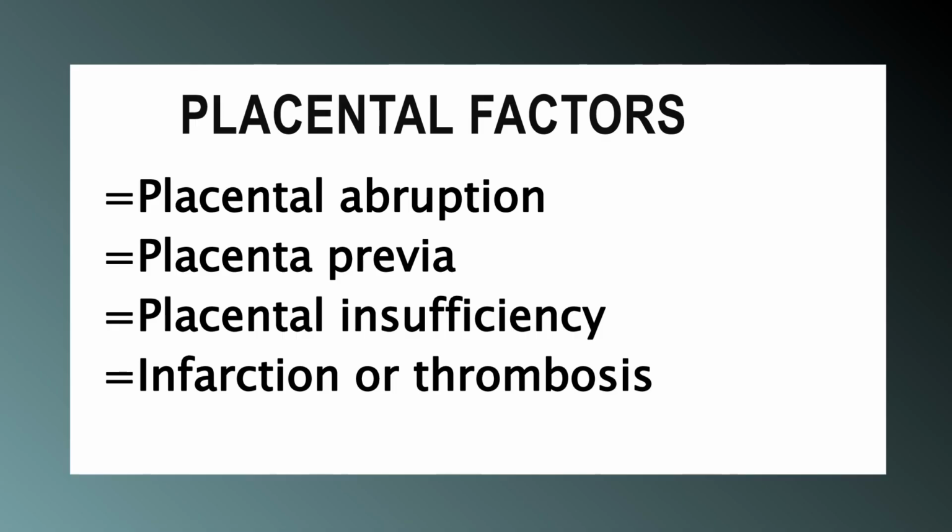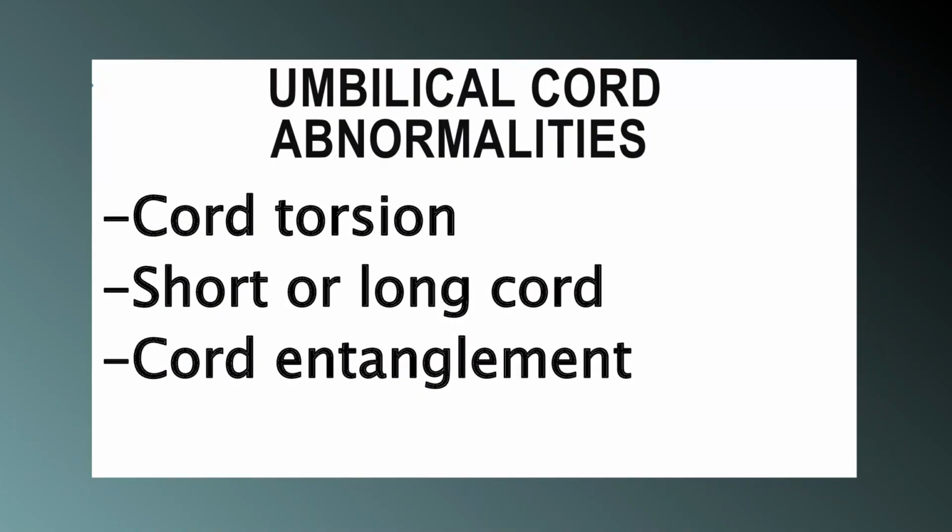The placental factors include placental abruption, placenta previa, placental insufficiency, and infarction or thrombosis. Last, we'll see the umbilical cord abnormalities, that are cord torsion, short or long cord, and cord entanglement. So these are the causes and risk factors of intrauterine death.